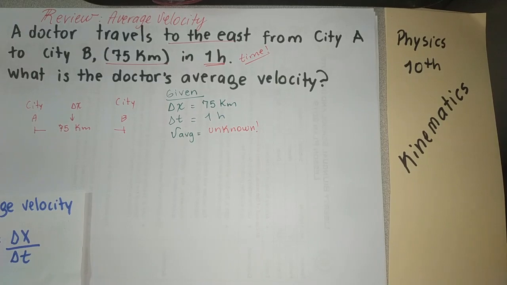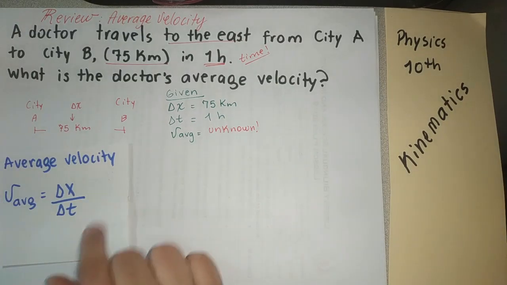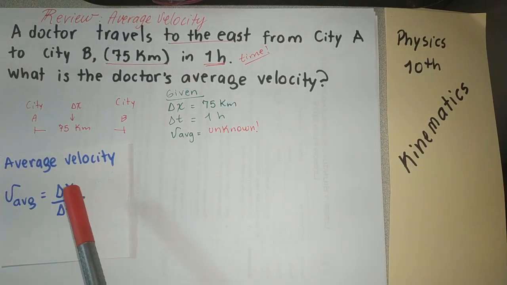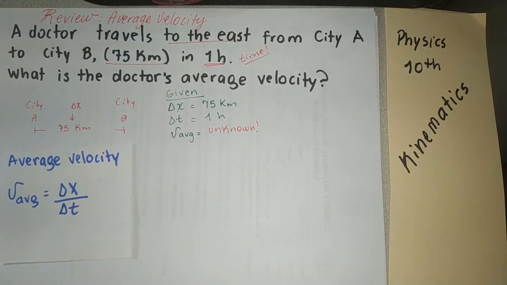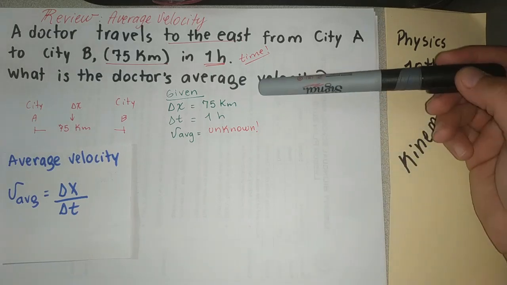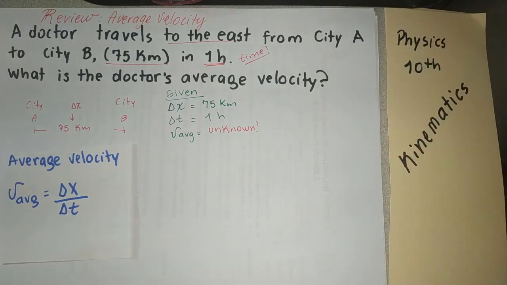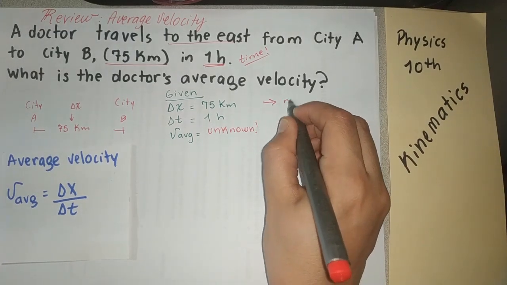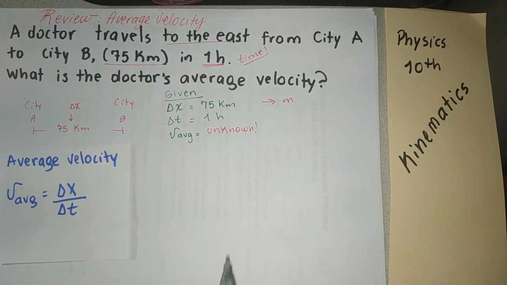Now, let's see. This is the equation that we need, and these are the givens. We have everything that we need. But remember I told you, from the first day probably, if we measure displacement, we're going to talk about length. If we talk about length, the SI unit that we use to measure length is the meter. So from kilometers to meters, we're going to do a conversion.